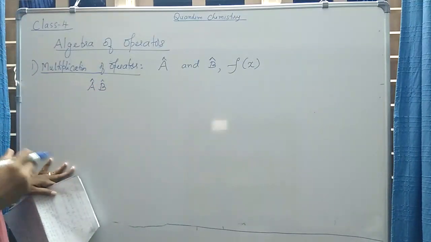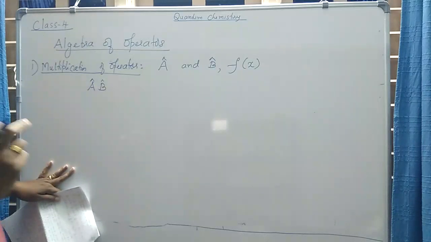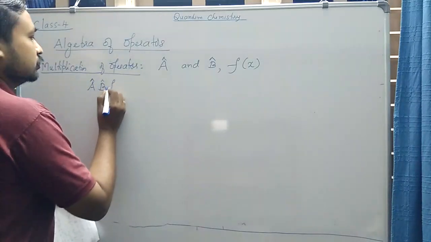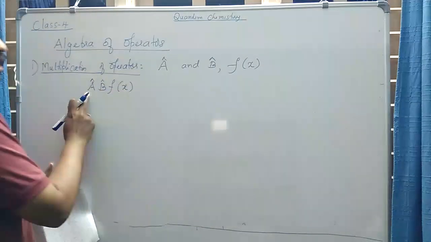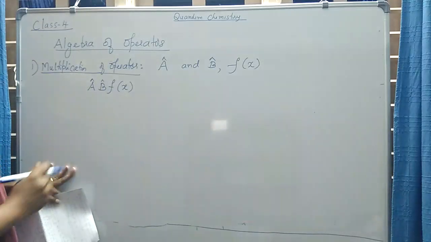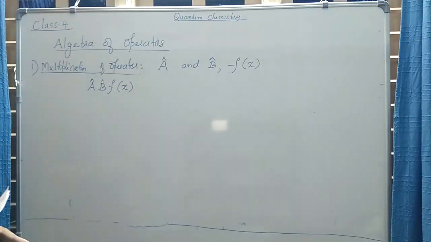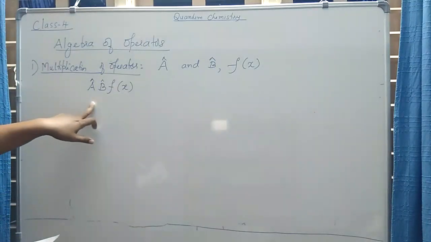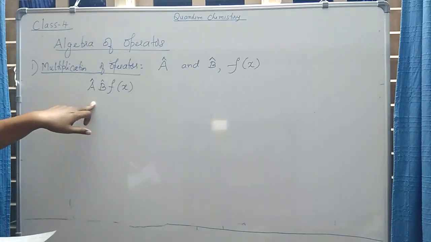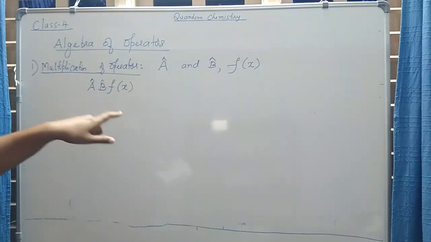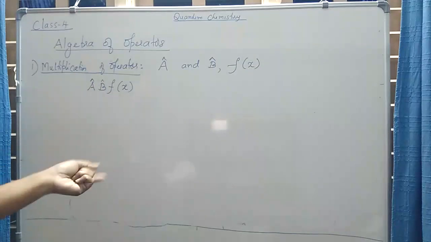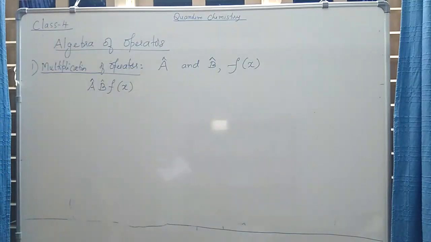Operator A into operator B is a new operator. What do we mean by (A into B) of f of x? The meaning of this is that you are applying one operator on the function followed by another operator. That is called multiplication of operators.